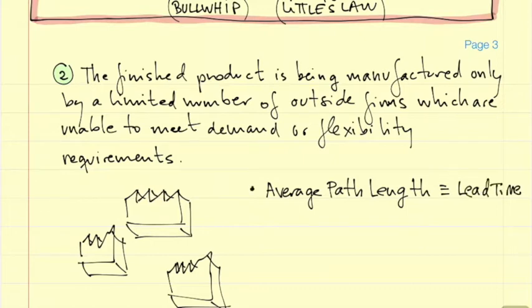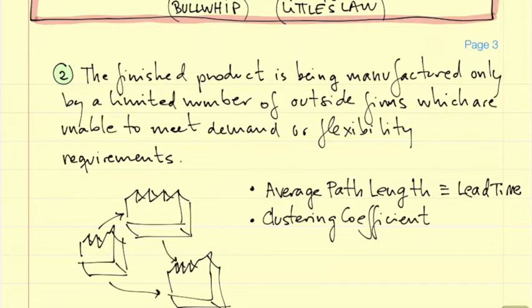It is important that you analyze factors like clustering coefficient, which are going to be giving you hints about what suppliers are dependent on other suppliers.